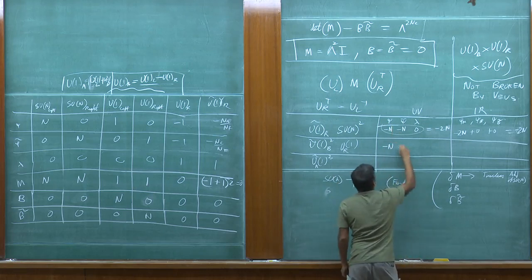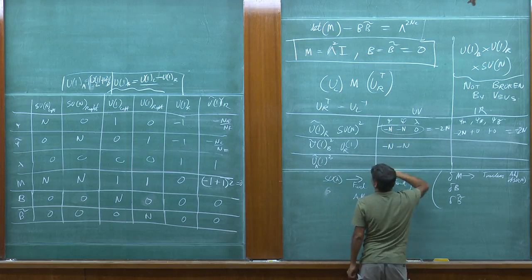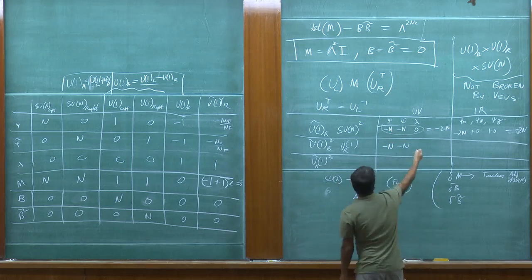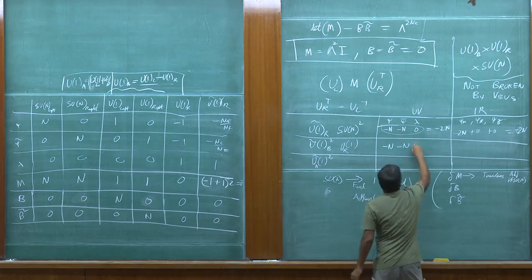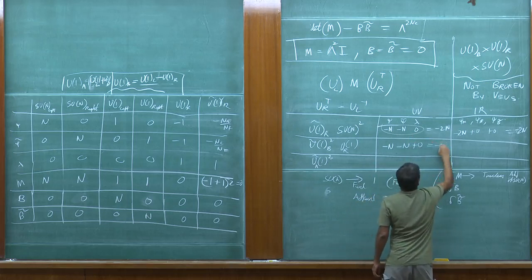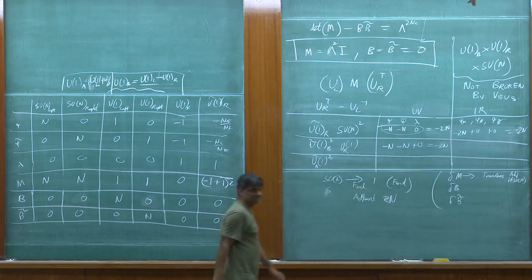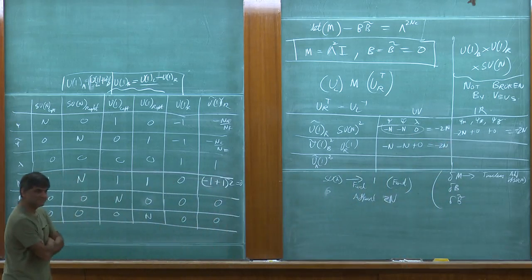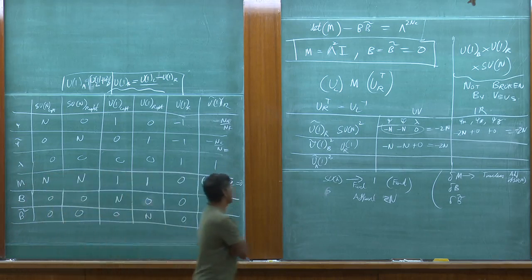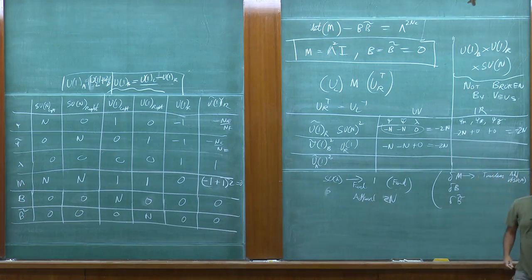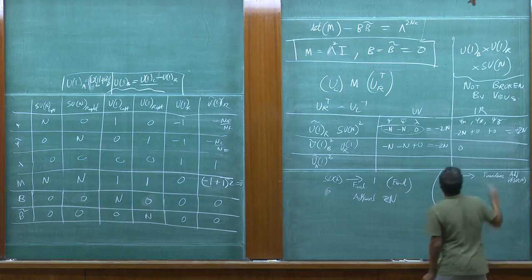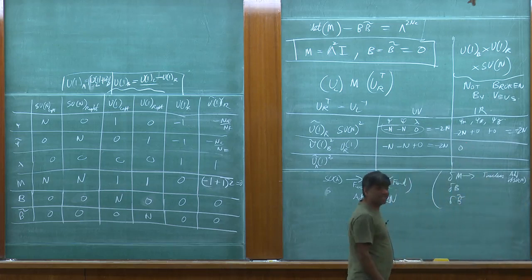So -n, and U(1)_B, of course, lambda carries charge 0. So +0. So we get -2n. Now let's look at this guy. Psi m is uncharged under U(1)_B, so it doesn't contribute. So we get 0. Psi b carries charge n under U(1)_B.